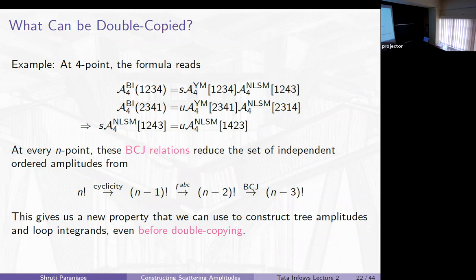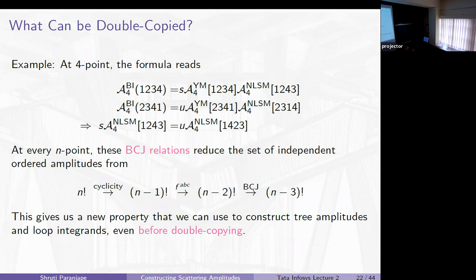Now, if you're dealing with a theory where f^{abc} is the only way that color enters into the Lagrangian or the Feynman rules, then you get to (n-2) factorial because of the Kleiss-Kuijf relations, which are just a way of reducing those trace structures so that you can get to a smaller basis of traces.